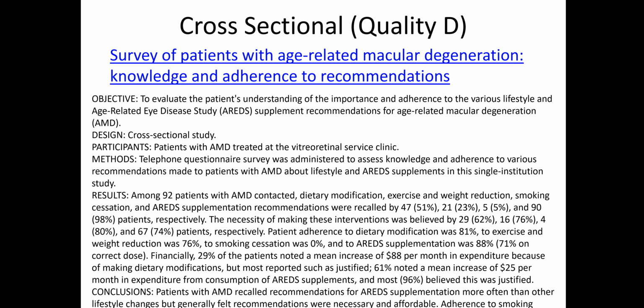And they generally felt the recommendations were necessary and affordable. But again, that's not really a strong design.